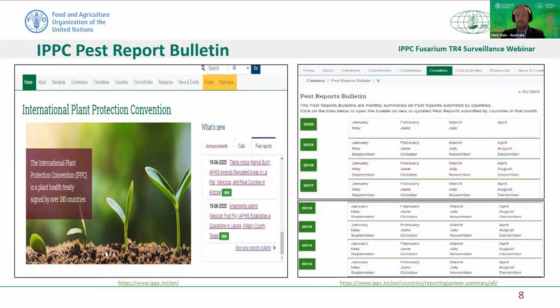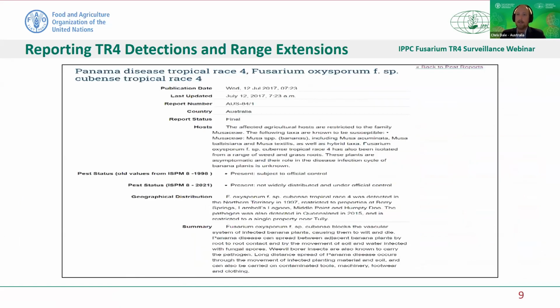And again, this is very useful from the fall armyworm preparedness perspective, and is very relevant to TR4 as well. So I encourage everyone, if you haven't already accessed those pest report bulletins or looked at any sort of alerts from your region, by all means, there are the links to go to find that on the IPPC website.